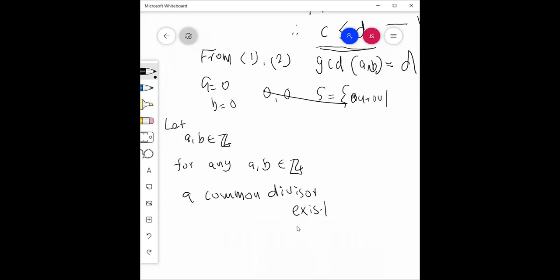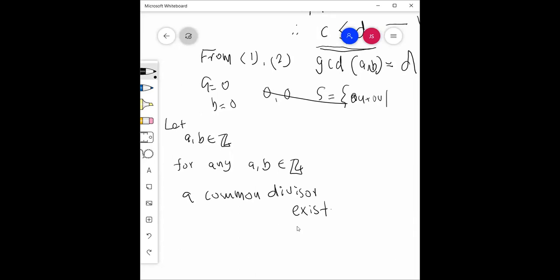Yes, that's right. So can you name one? Just a common divisor if A, B belongs to Z. What is it? Yes, 1 actually. Also we can say -1, right? For any A, B belongs to Z, at least two different common divisors exist. What are those? 1 and -1, right?